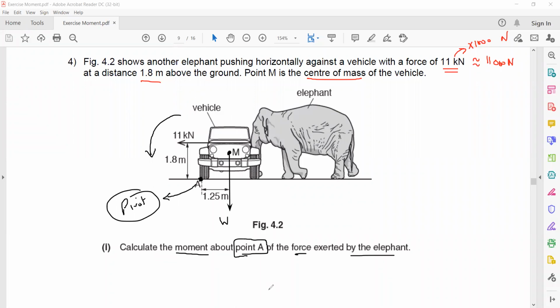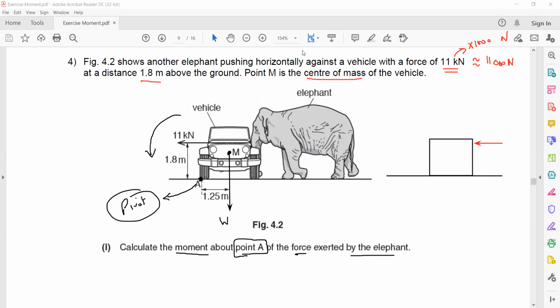If the elephant is applying force on the car and the car can rotate or turn about point A, which direction will it rotate? Is it a clockwise direction or anti-clockwise? Because what will happen, if I draw a figure, originally a car is like this, then the elephant is pushing the car. I'm not drawing the elephant.